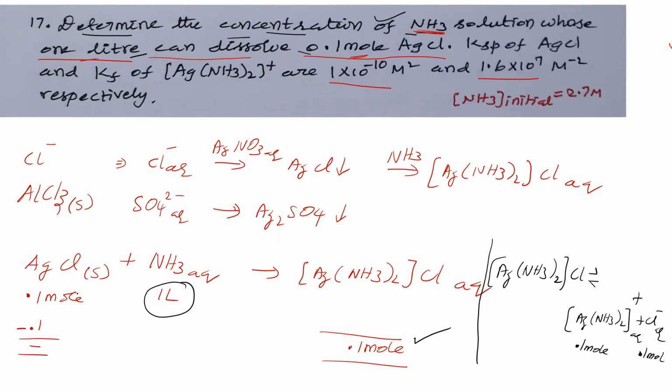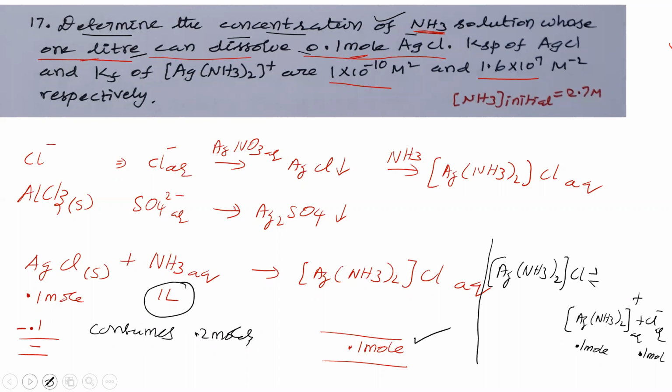This 0.1 mole of silver chloride consumes how much ammonia, do you know? 0.2 moles of ammonia in order to give 0.1 mole of this complex. So the silver chloride consumes 0.2 moles of ammonia.